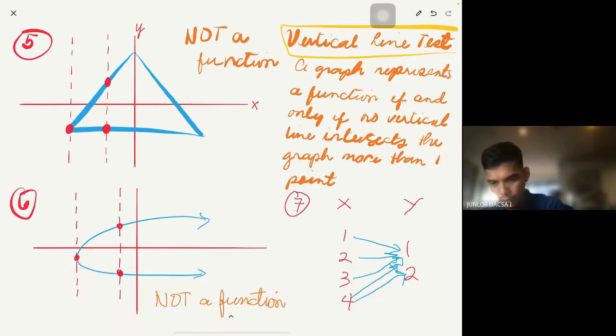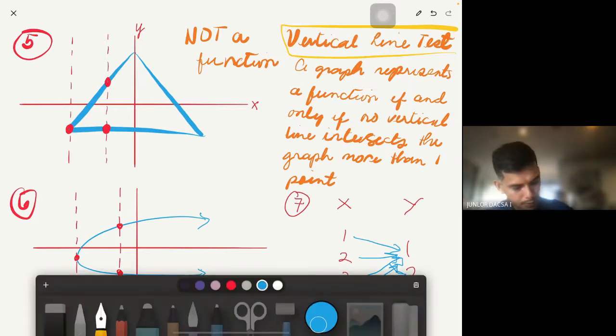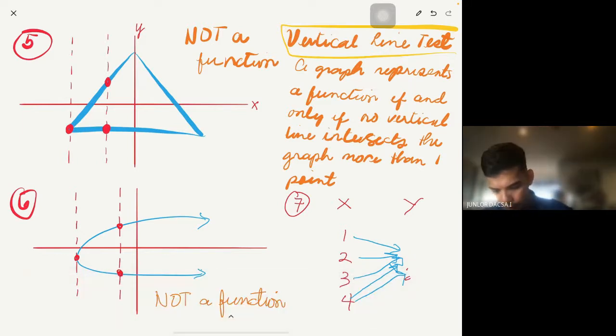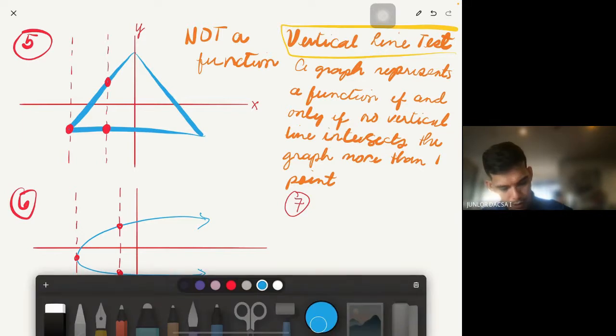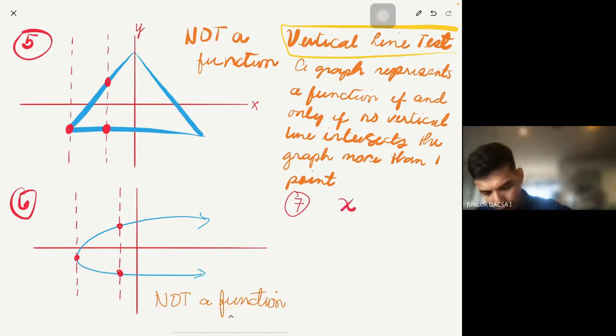So, burahin ko lang. Medyo hindi maganda. So, let us say x, y, 1, 2, 3, 4, 1, 2.